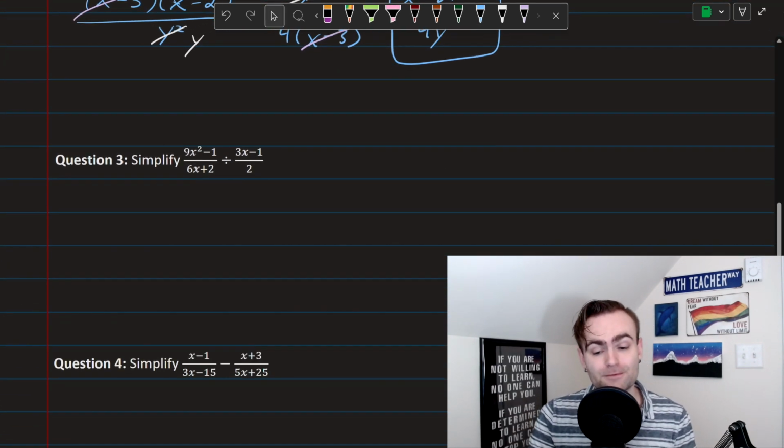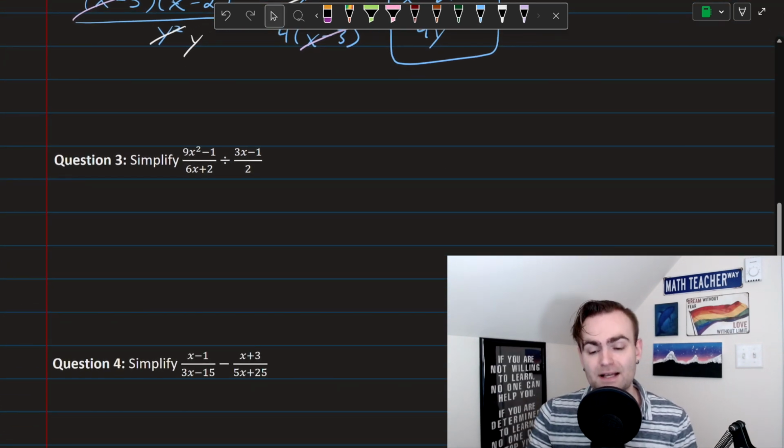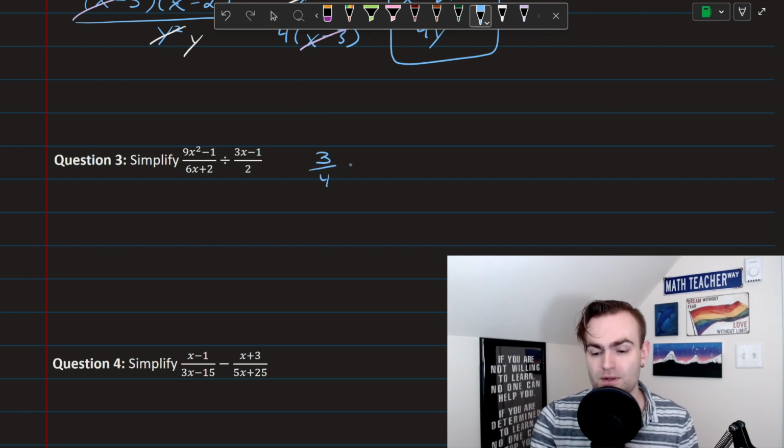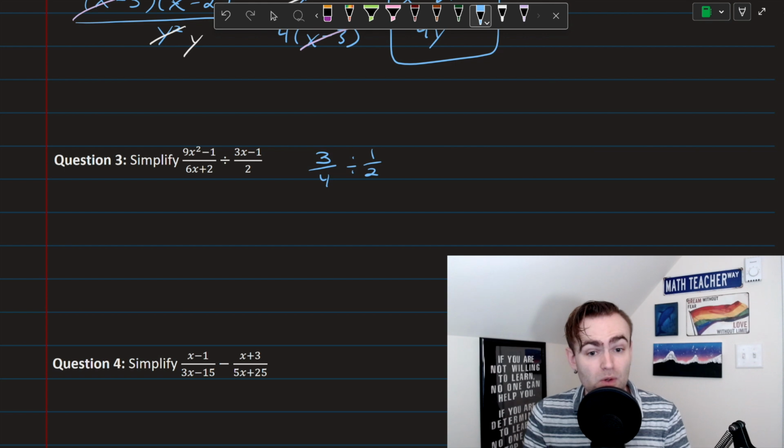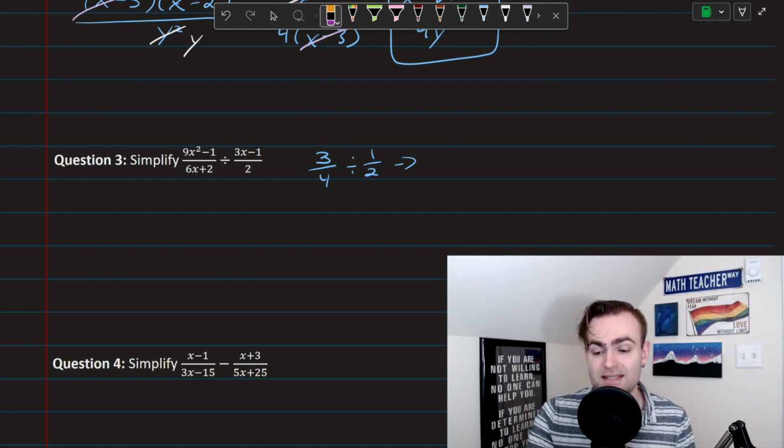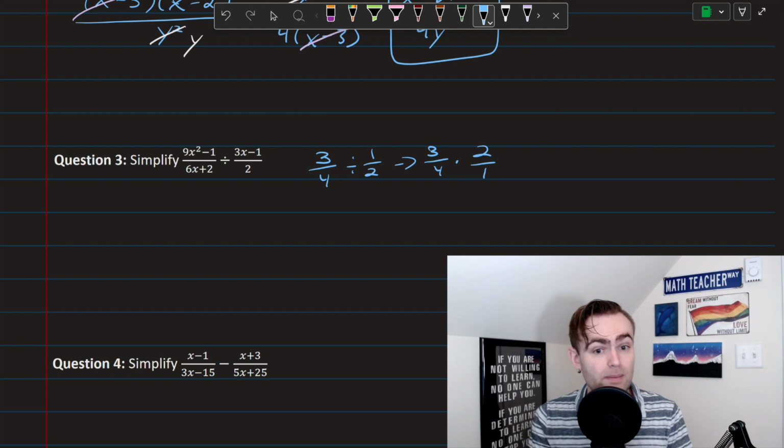Division is a little bit different. If I were to ask you, let's do 3/4 and let's divide that by 1/2, you would know to multiply by the reciprocal. You would change the question to ask instead 3/4 times 2/1 and go about it that way.